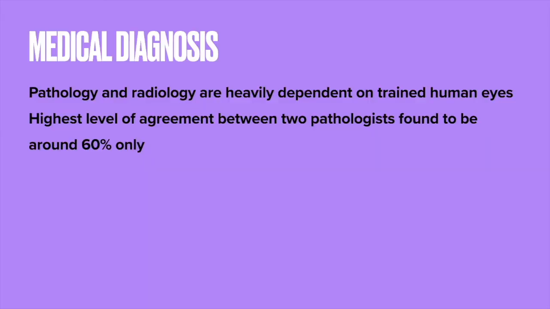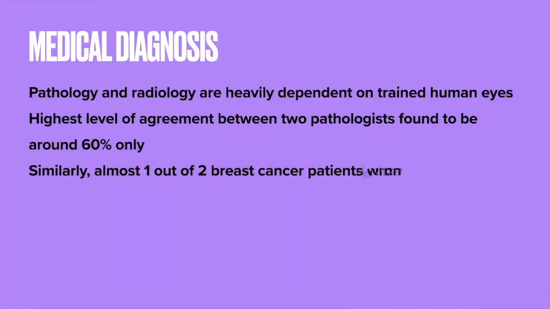What we have seen throughout the history of medicine is that the highest level of agreement between two pathologists has been around 60 to 65%. Also, when we talk about the prognosis of breast cancer, for example, almost 50% of these are wrong.